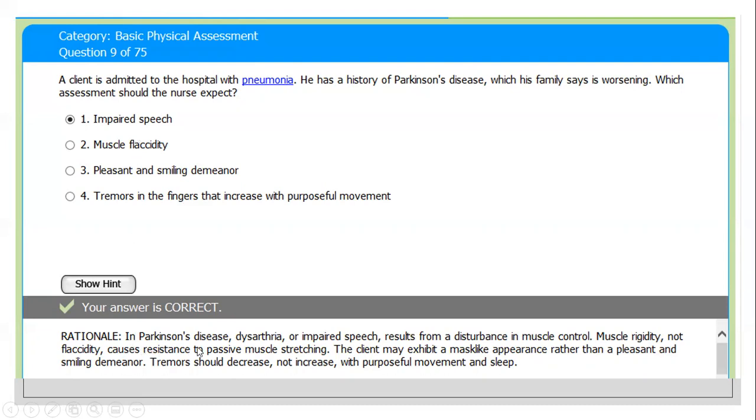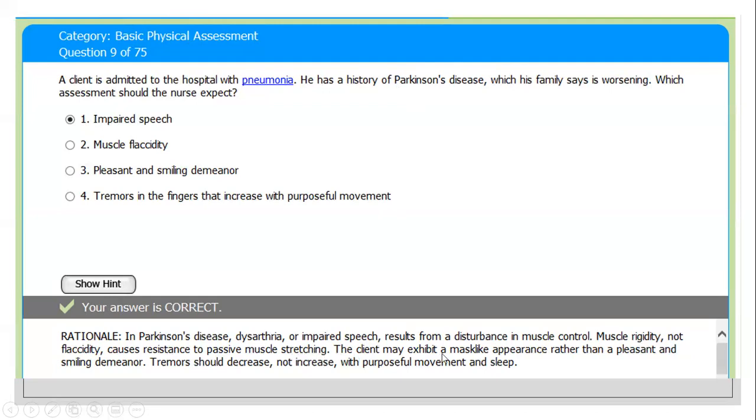In Parkinson disease, dysarthria, or difficulty of speech, impairment of talking, results from a disturbance in muscle control. Muscle rigidity, not flaccidity. In Parkinson, we see muscle rigidity, not flaccidity. It causes resistance to passive muscle stretching.